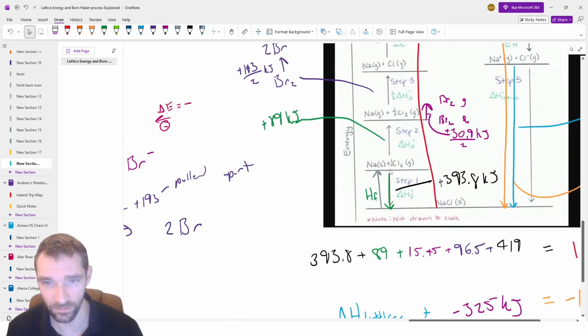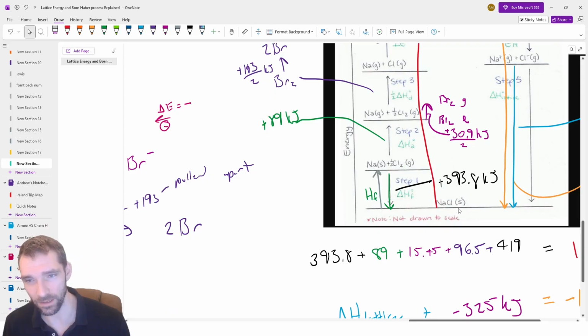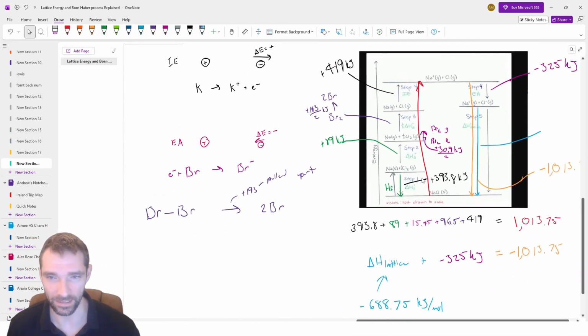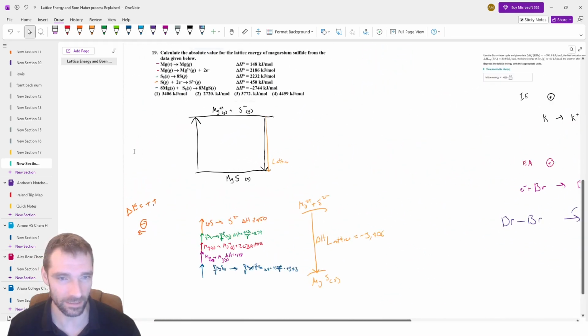That's going from something like this, but instead of sodium and chloride, this would be potassium and bromide. And instead of forming the solid compound here, we're going the other way. So we need to account for that energy change to be positive.